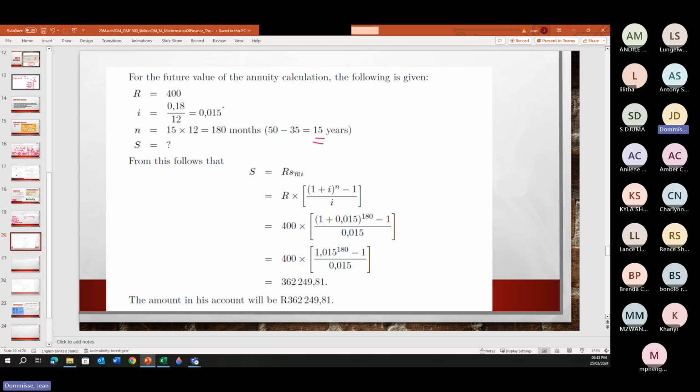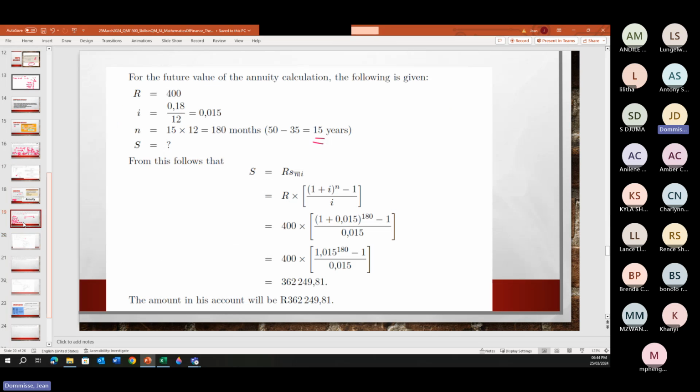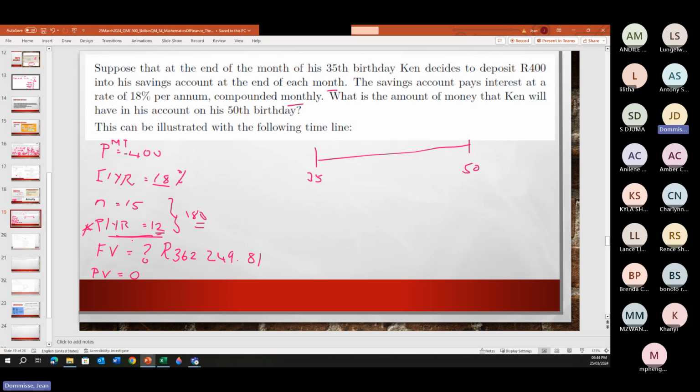And that's exactly like in the previous one also. The formula automatically picks up that you need to divide by it. So for the formula, you need to do it, but when you use the calculator, it is already built in.